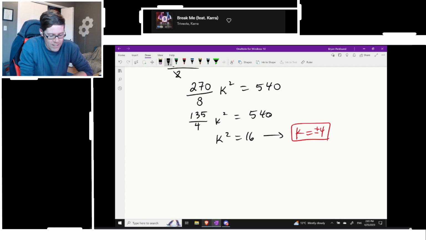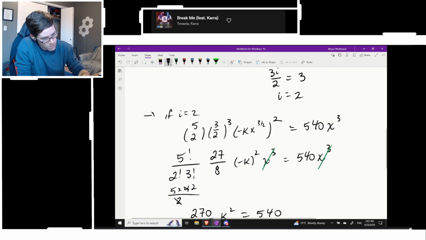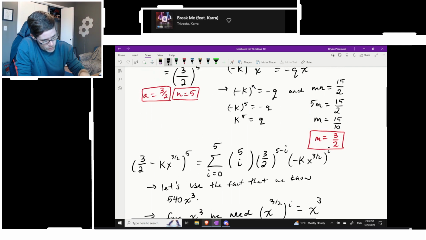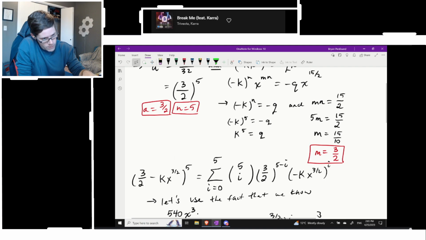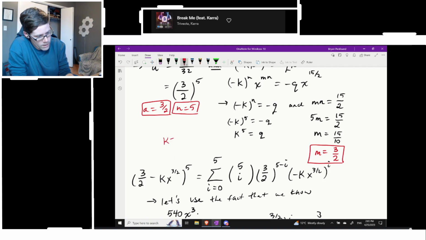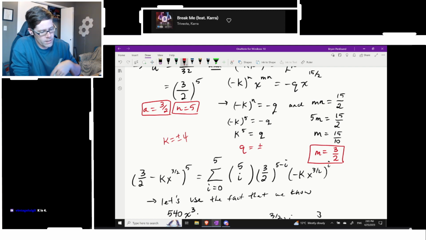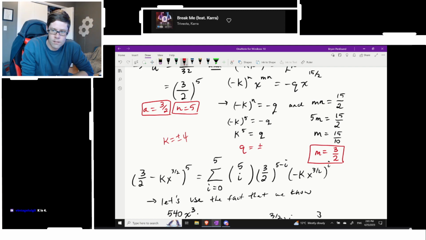Okay. So now that we know k, we should be able to figure out the values for q. If k is plus or minus 4, we know that q should be equal to plus or minus... k is 4.